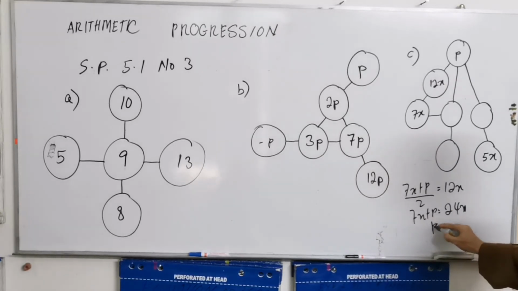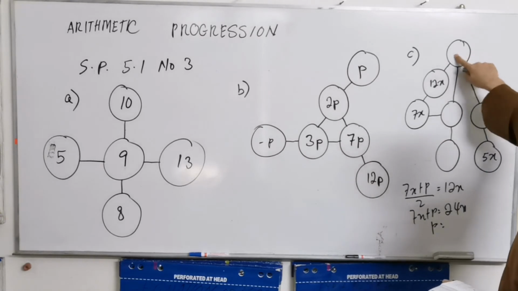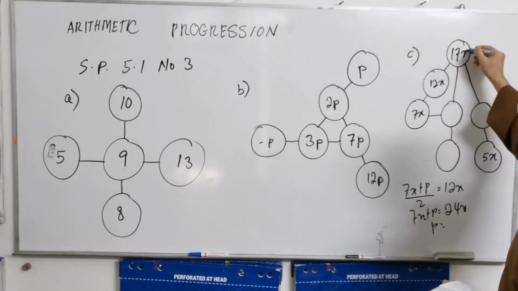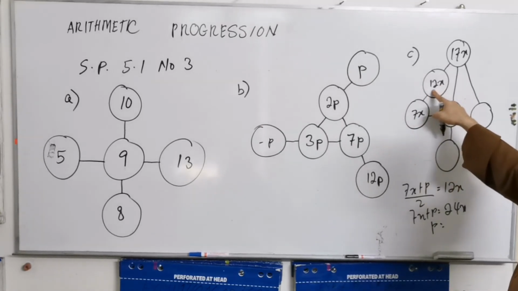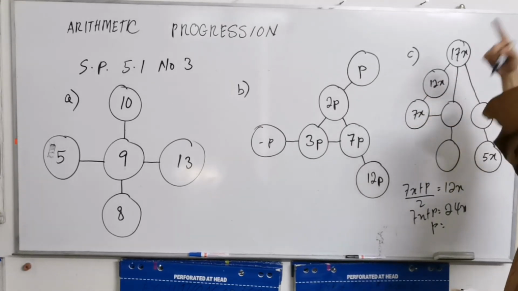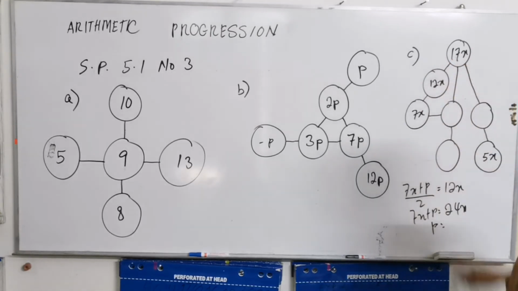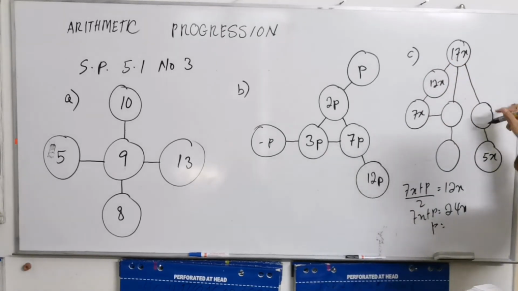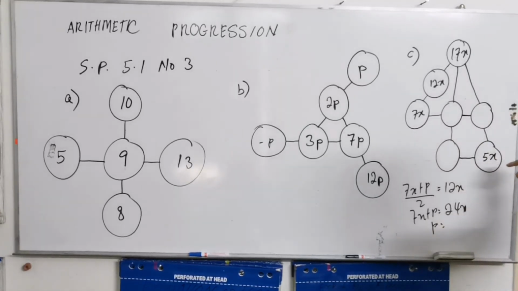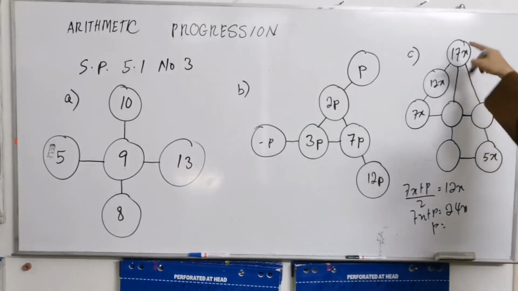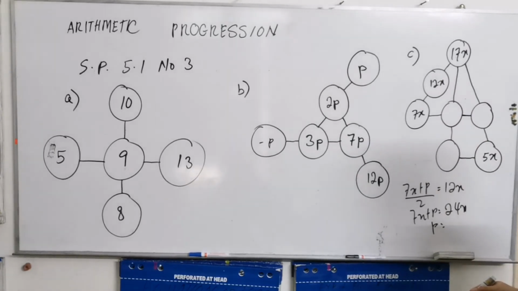And then p will be 24 minus 7, which is 17x. Okay? 7x plus 5x is 12x, 12x plus 5x will be 17x. Now we can solve this one. The network is not completed yet. 17 and 5 now. 5 plus 17, you get 22. 22 divided by 2, you get 11x.